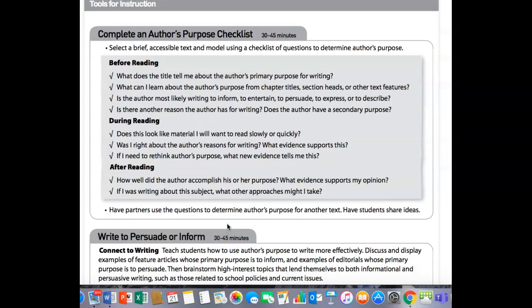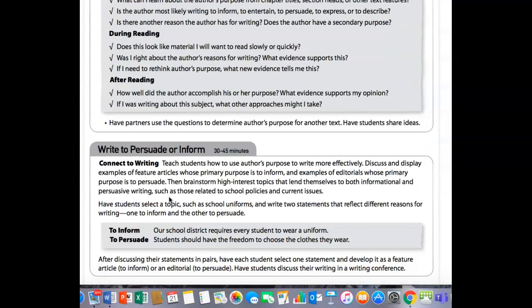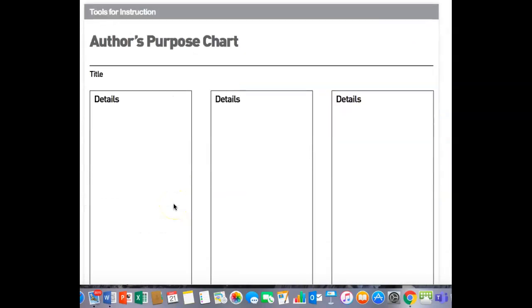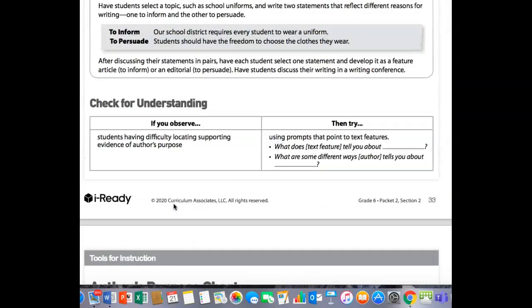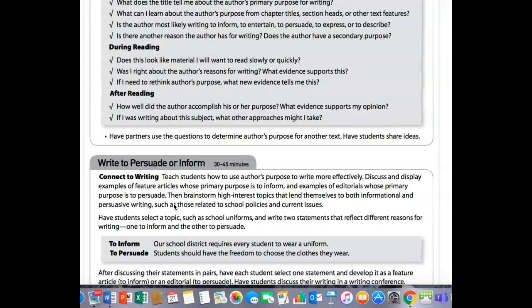What you need to do is pick up one of those leveled readers and read it. Before reading, during reading, and after reading, you will put those details in this author's purpose chart.